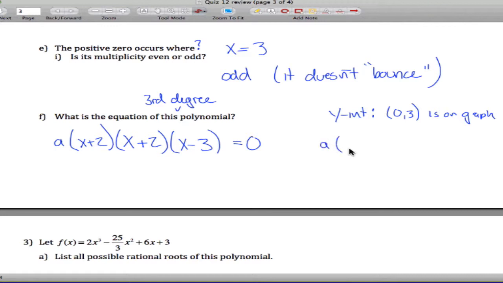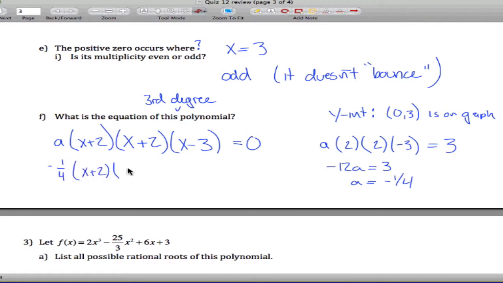So a times (0 plus 2) times (0 plus 2) times (0 minus 3) has got to be equal to 3. -12a has to be equal to 3. A must be equal to -1/4. So the equation of this polynomial is -1/4 times this factor times this factor times this factor.